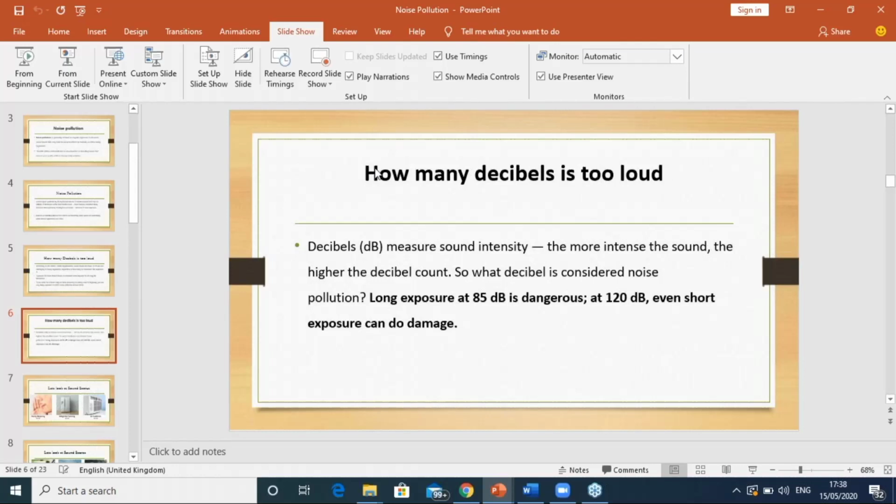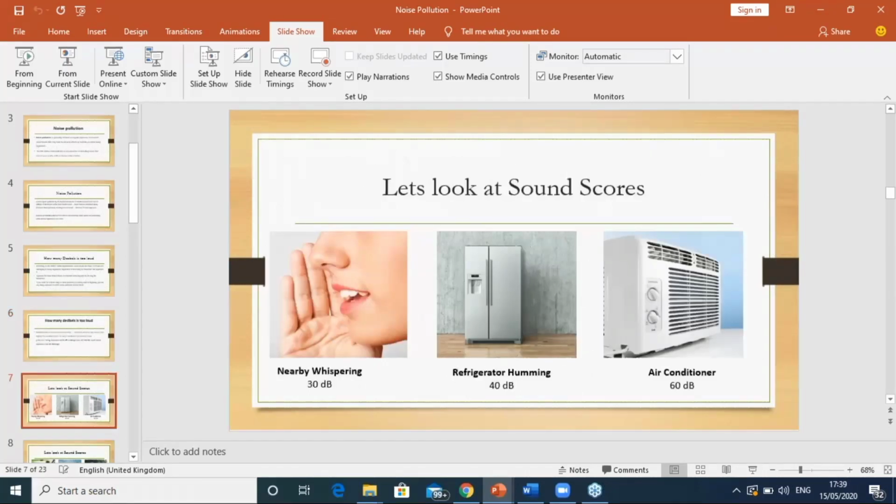So the limit you can at least expose yourself to is 70 and below, and even then we still need to watch the number of hours we spend in that noise level. Anything above 70 becomes a serious health issue. Some will say 78, some 85, but 70 should be the maximum, and that should be done with an earplug or earmuff and a reduced period of exposure.